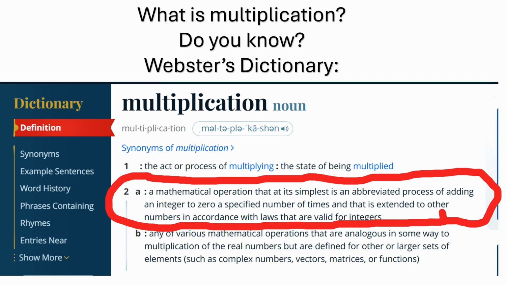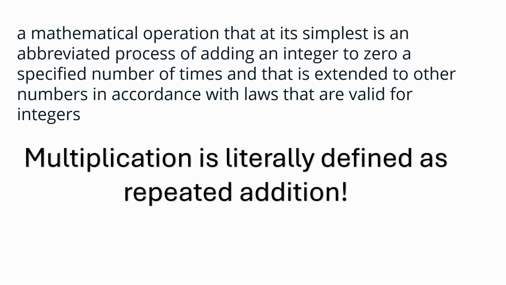Now, I know that sounds like a lot of gobbledygook to some people, but I'll translate it for those who may see that as being written a little complicated. Again, it's a mathematical operation. So let me translate that for you.